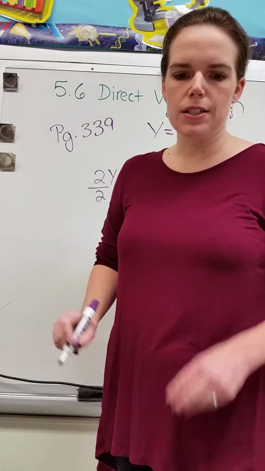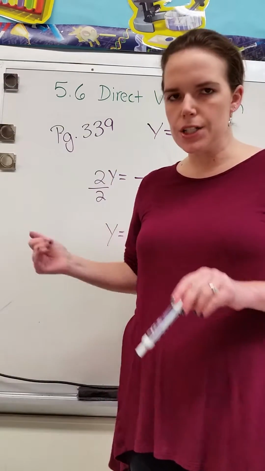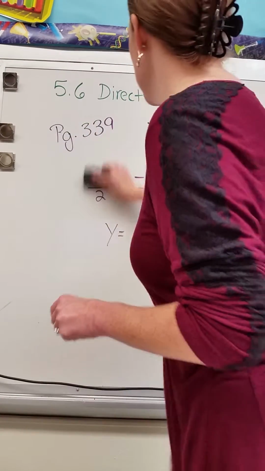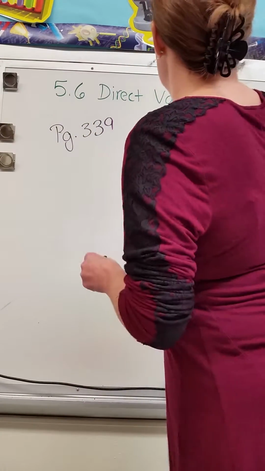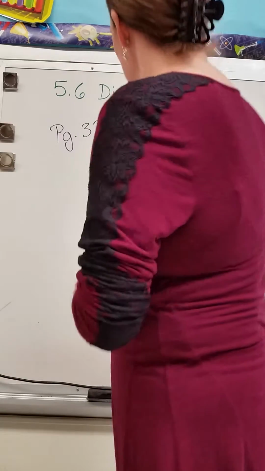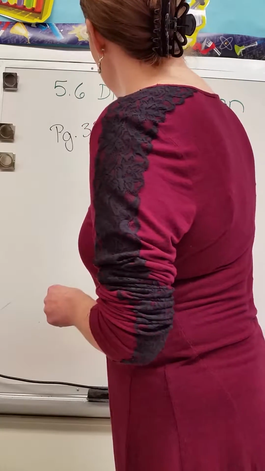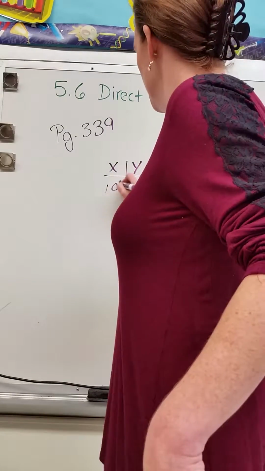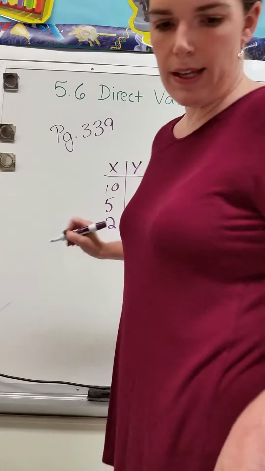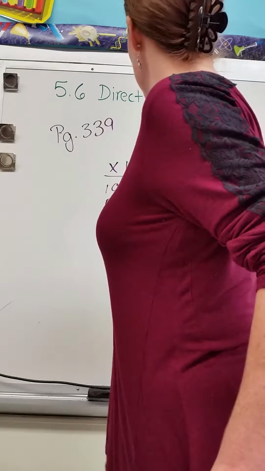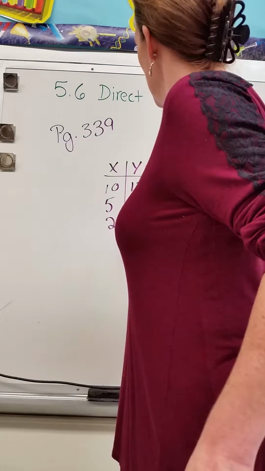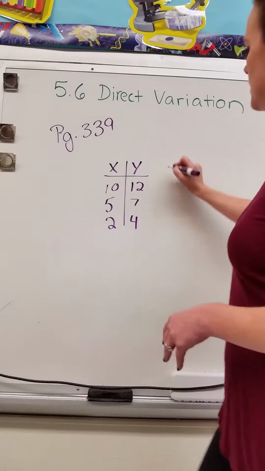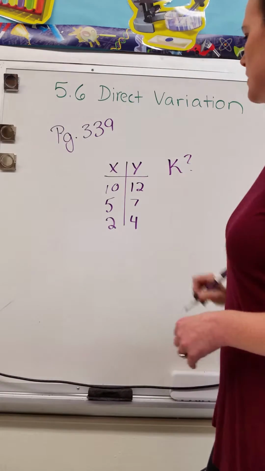They're also going to ask you to look at ordered pairs and to see if something is a direct variation. So let's say you have an XY table and the x values are 10, 5, 2, and the y values are 12, 7, 4. What you need to do is just see, is there a k?